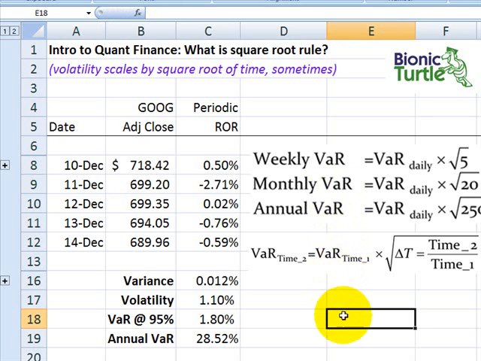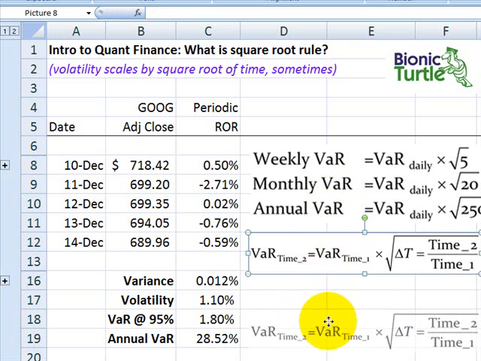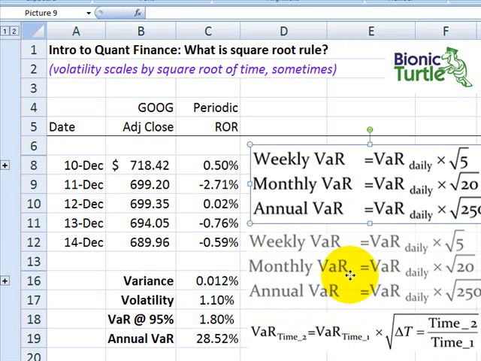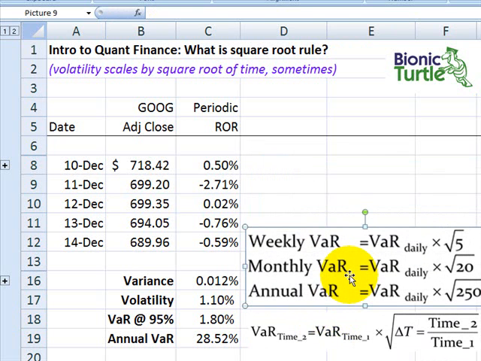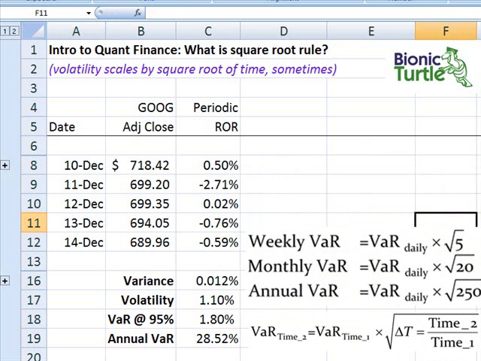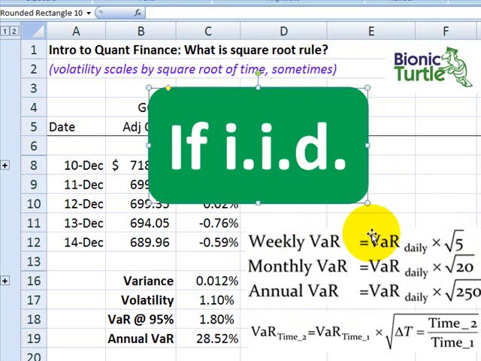Okay, so I'm going to move these down, and before I let you go, I've got to remind you of one other really important thing about the square root rule. And here's what it is. It only works under some very rigorous, stringent assumptions. And that is, if the periodic returns, if the return volatility is IID, or independent and identically distributed.